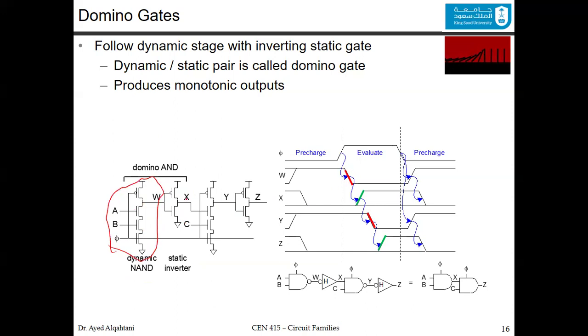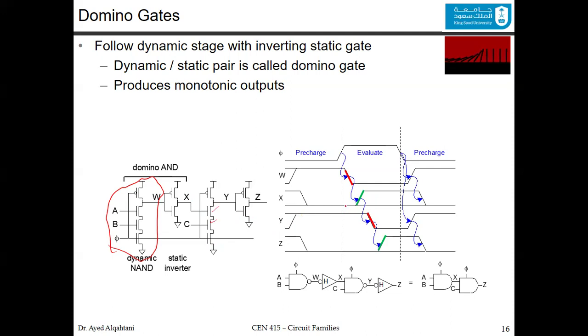Now, the inverter will flip everything during the evaluate session. So whatever you have here, it will be flipped over like this. Now, when you try to get the Y, you can get it easily without any trouble, because in the evaluate, if the X and the Y is on, you won't have this trouble.